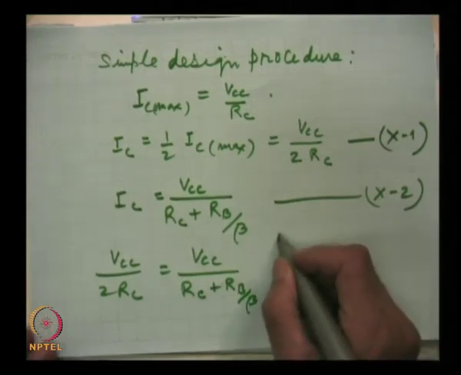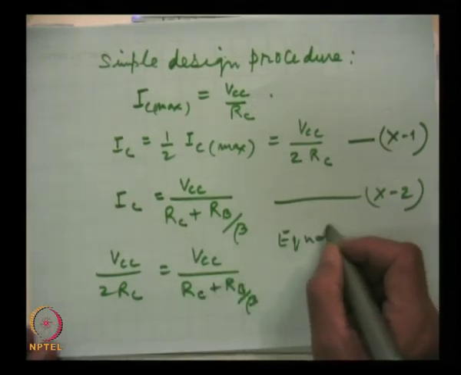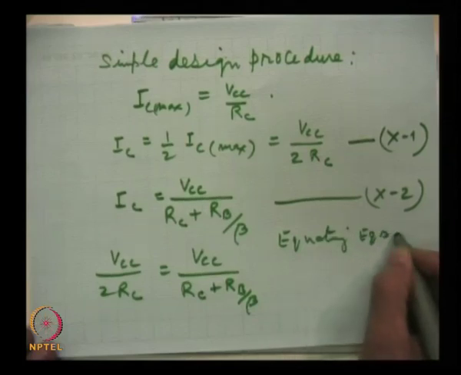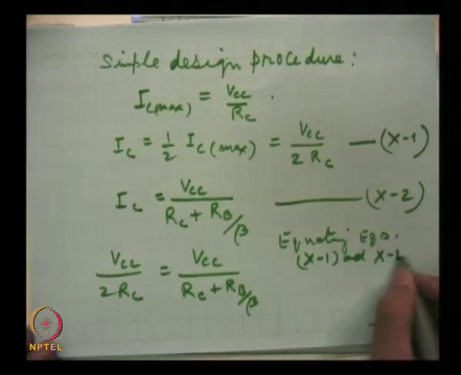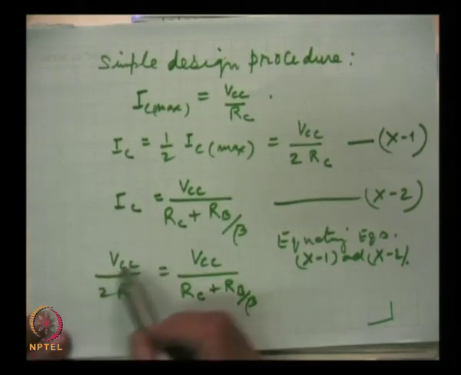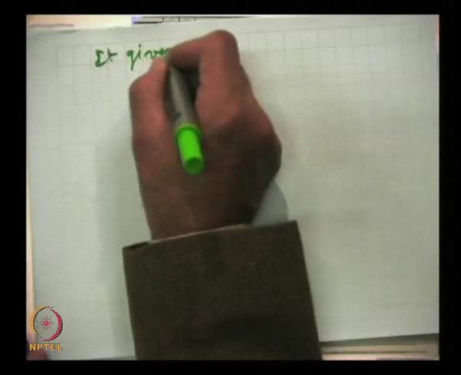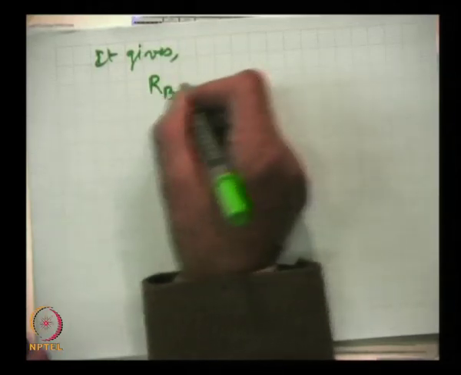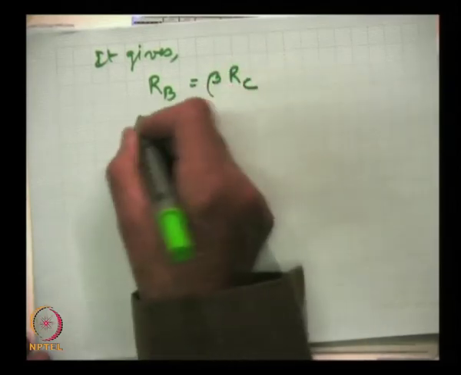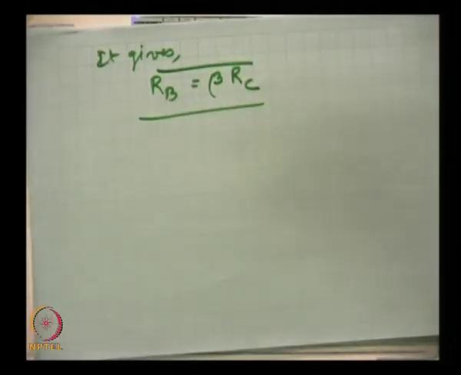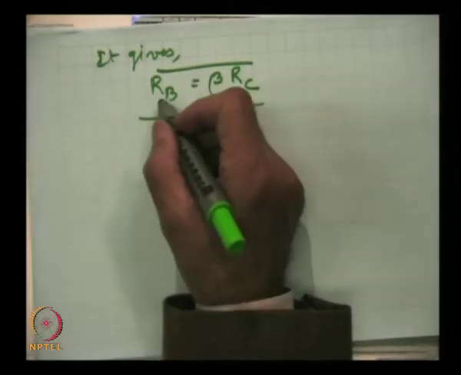This we have obtained by equating equations x 1 and x 2, and here this goes and we simply get a relationship that gives Rb equal to beta RC.